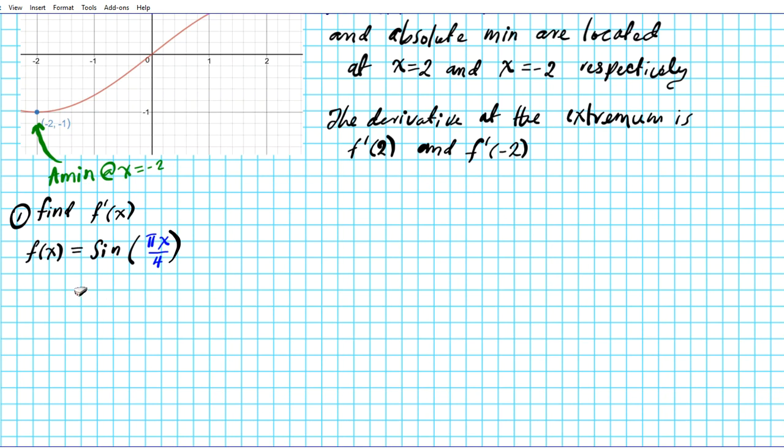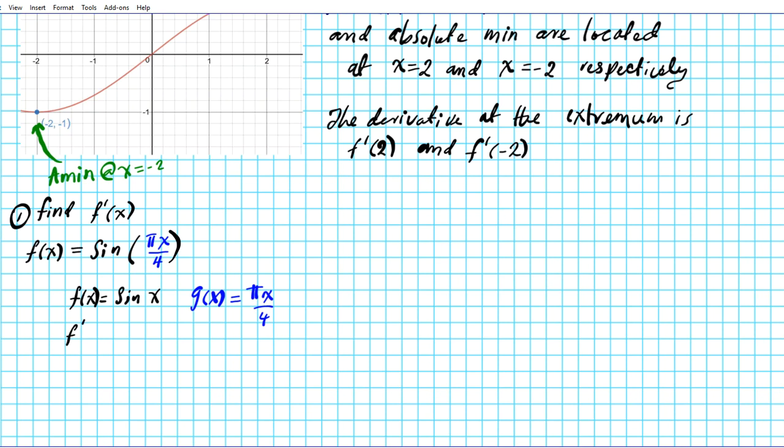To help you out with that, let's just break them up. Let's call f of x the outer function, sine of x, and let's call the inner function g of x. Let's color code it. So the inner function g of x is pi x over 4. What we'll do is differentiate both functions.